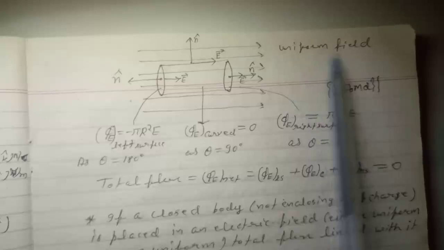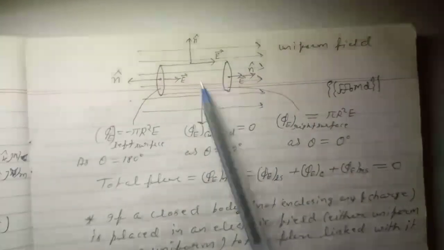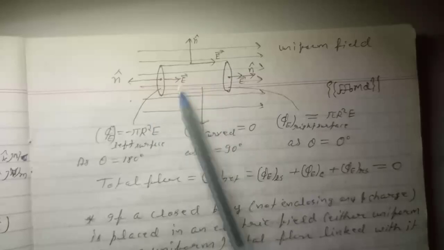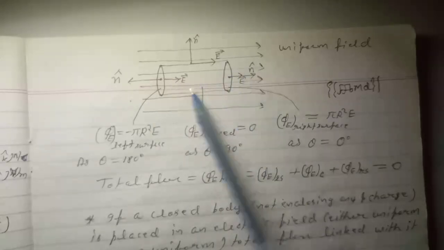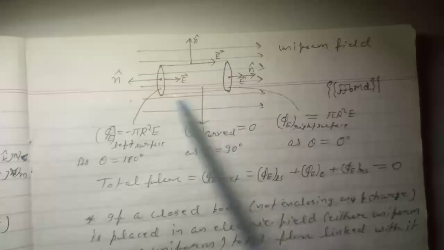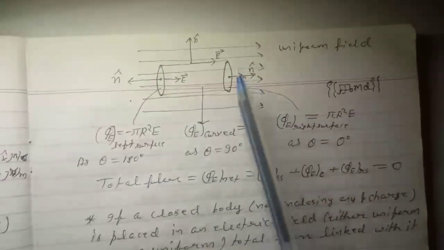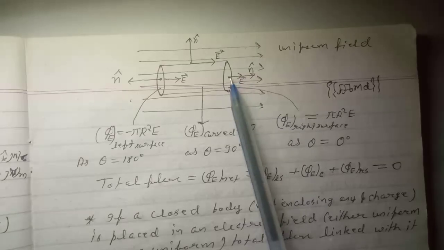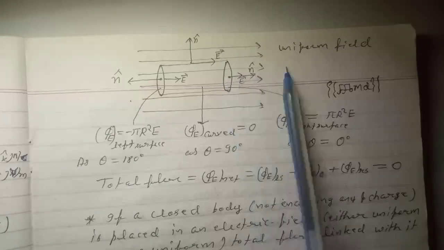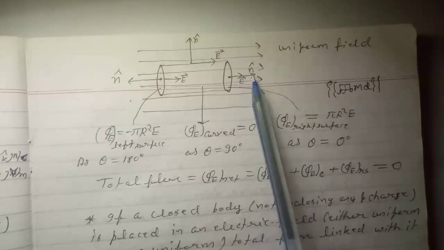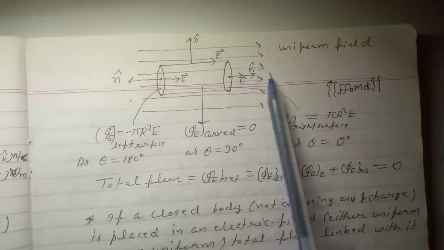Here a case of uniform electric field is shown and a closed cylinder is placed, hollow cylinder, or maybe solid cylinder, it doesn't matter. In this case the electric field is like this. Because we are looking at this surface from this side, the electric field and area vector are in the same direction, that is, n cap, the unit of area vector, is in the same direction.